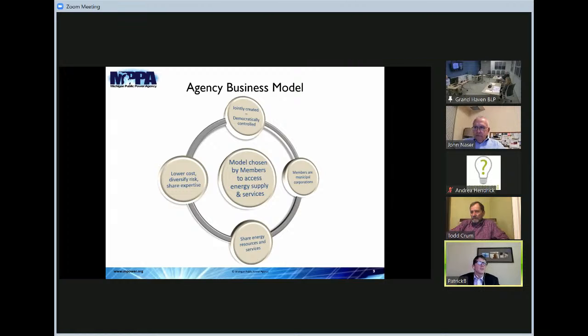We'll do analysis, make recommendations, but it's our members that ultimately are the voice that guide us to the decisions that we pursue. So we share energy resources and services. This offers lower costs, diversifies risk, and shares expertise. All of our members are municipal corporations, and were jointly created and democratically controlled. Next slide.